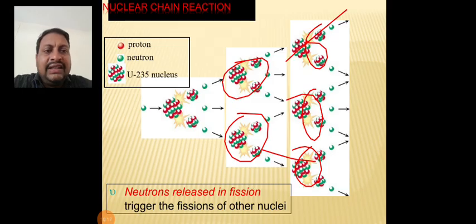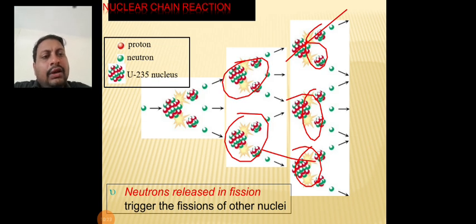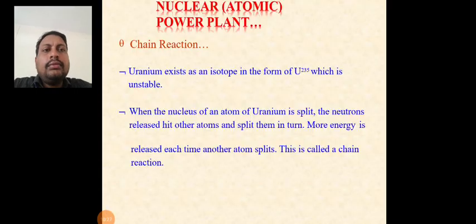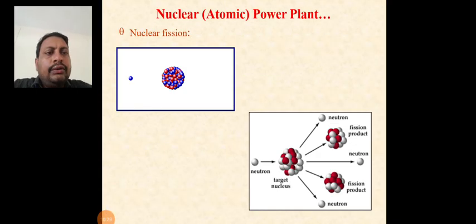Neutrons released in the fission trigger the fission of other nuclei. So this is about nuclear fission. A neutron hits or bombards the nucleus, the nucleus splits again, and a large amount of heat is developed here.